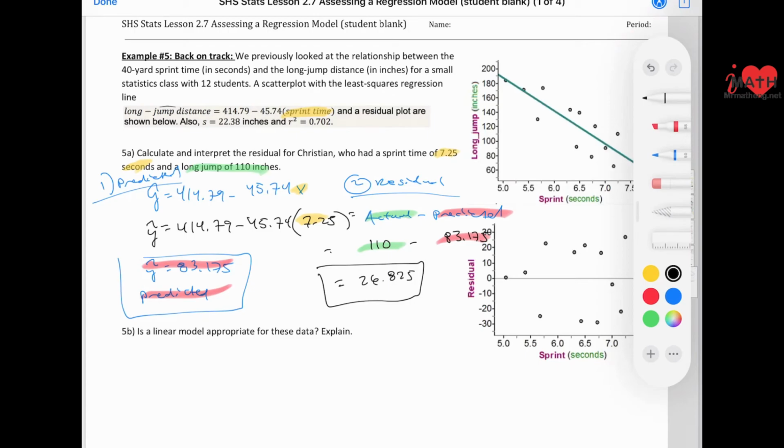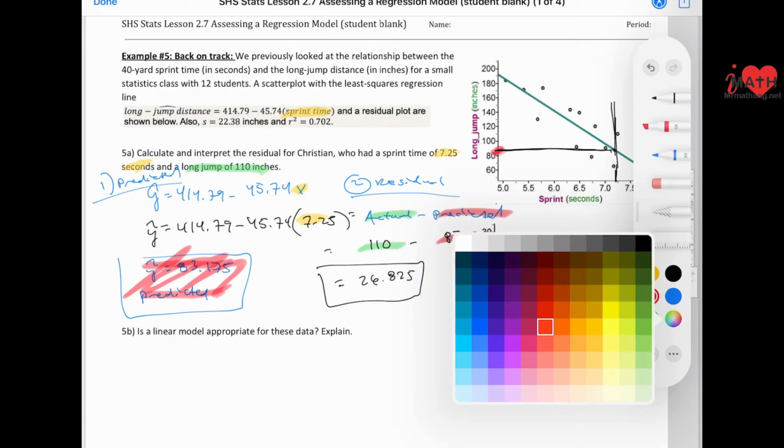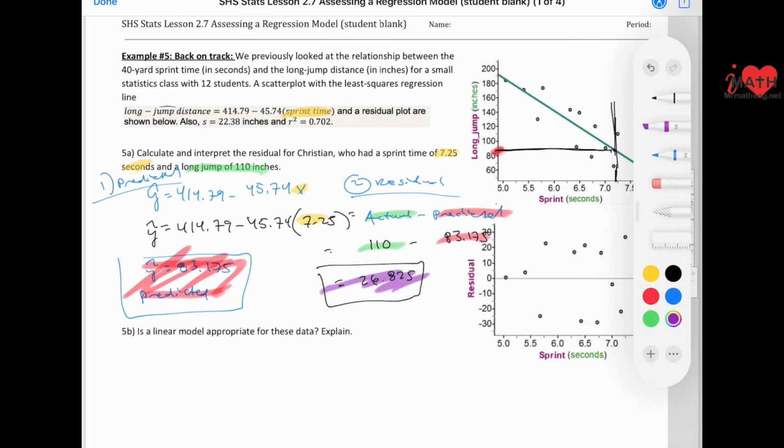Now, just a clarification, right? If you look at the graph, 7.25 is like right here. So we were expecting, right? This is what we calculated. We calculated the predicted to be about 83, which is like right there. But he actually did 110, which is way up here.